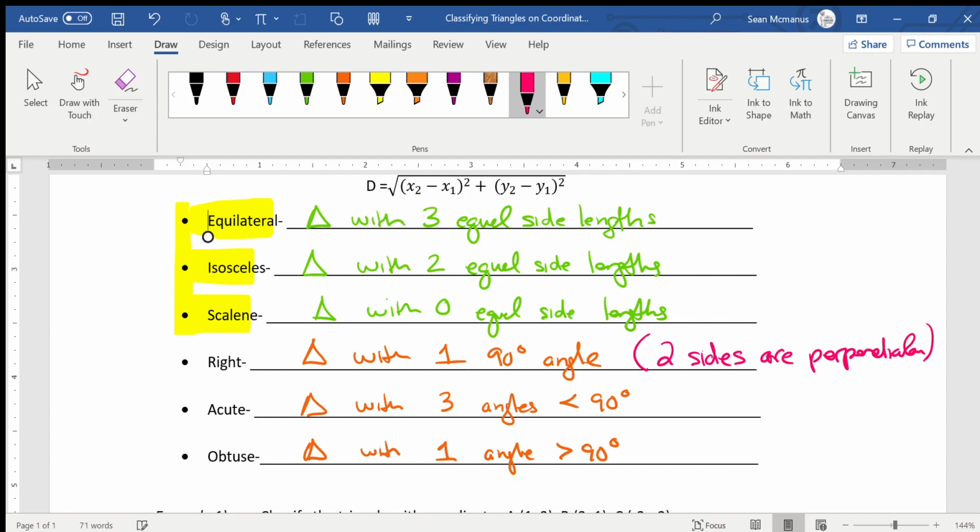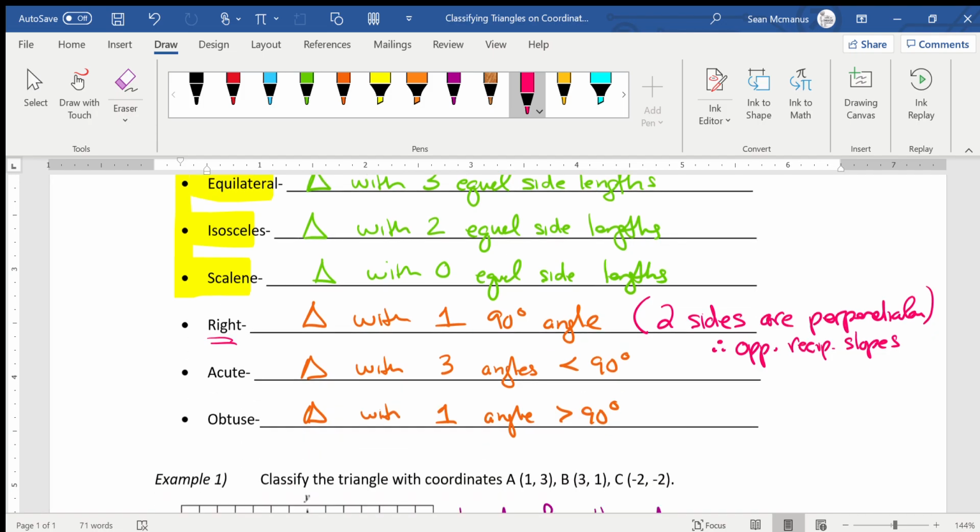And if two lines are perpendicular, we learned back last semester, that means those sides have opposite reciprocal slopes. So we could look at the slopes of those two, the two numbers that we used on the slope triangles, and see, do any of them have opposite reciprocals? And that would tell us if it's 90 degrees, and we could determine if it's a right triangle that way. I don't think we'll see any of that right now, but that's just something to look forward to in Math 2.